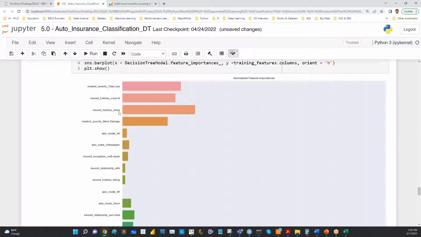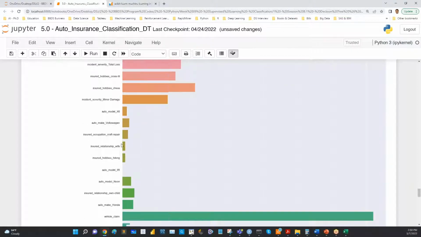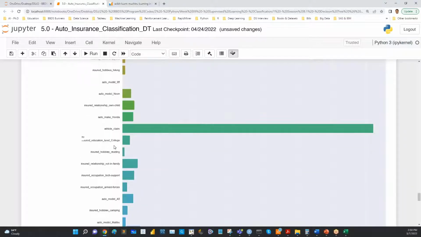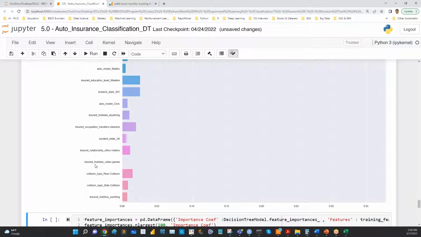Hobbies is an important feature to determine if you tell the truth or you lie. So we could simply take out auto model 95. We could take out the insured hobbies video games because they really don't add any value. They're simply slowing down the process, and we could take them out.